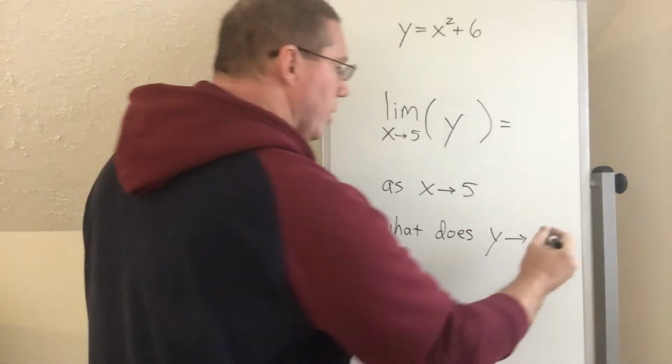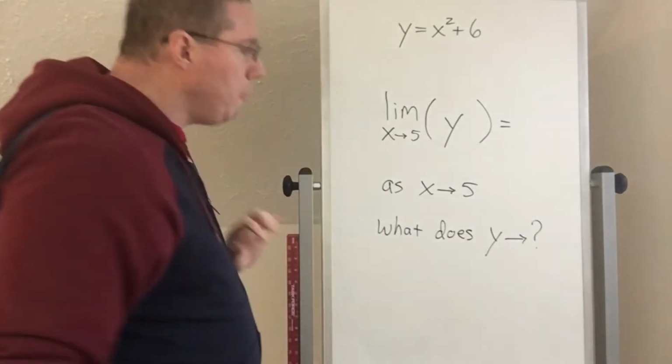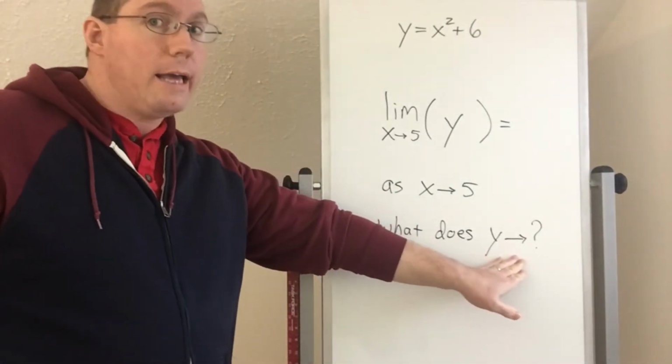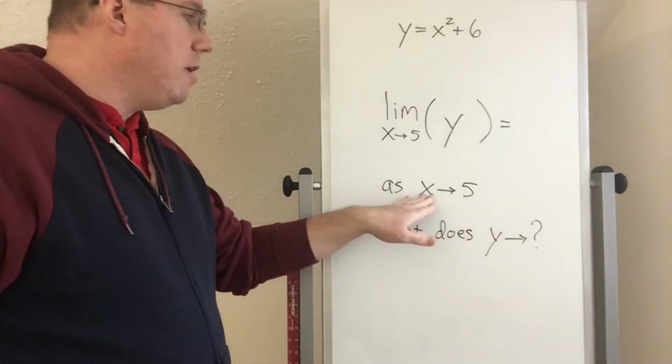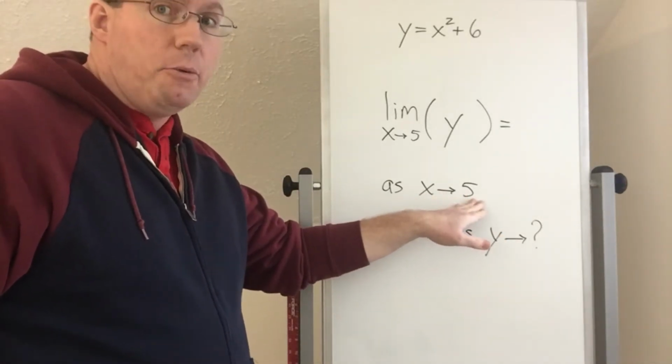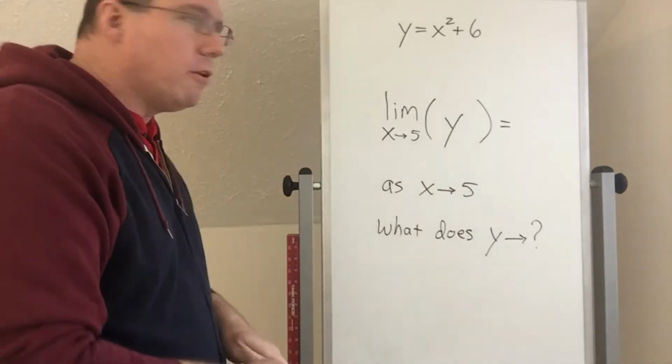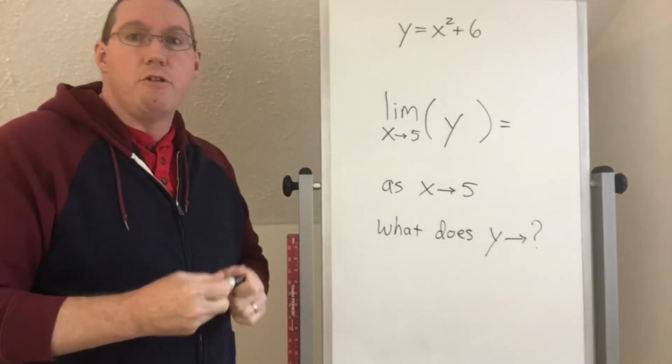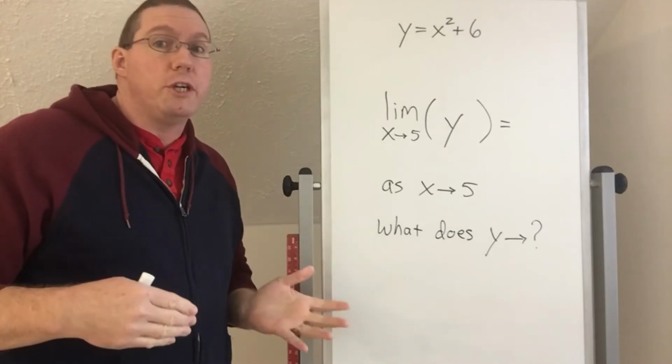What is y approaching? Okay? What output value is y approaching as the input value is approaching a value of 5? Well, you may be a little confused about that question because you may not know what the word approaches means.